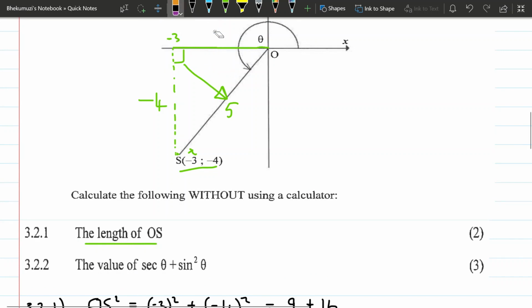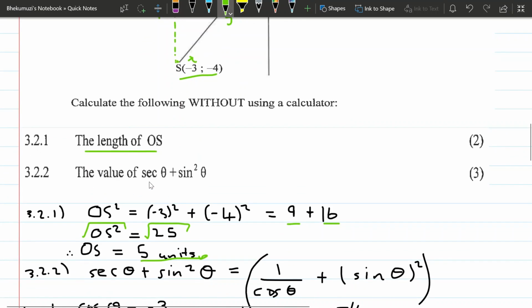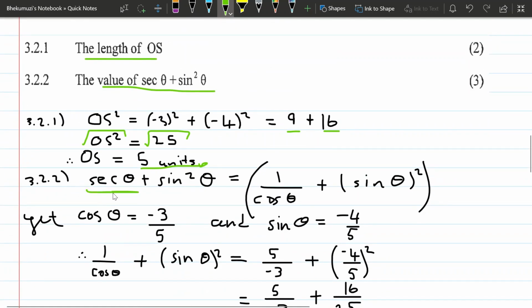Then continuing on the question, it says 3.2.2. They ask us the value of secant theta plus sine theta. So the first thing that you should probably do is convert the sec theta into a more simplified version.